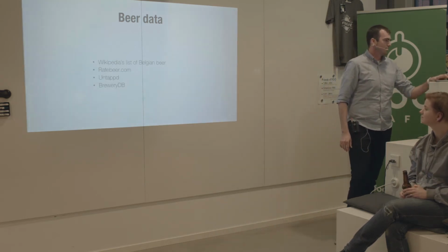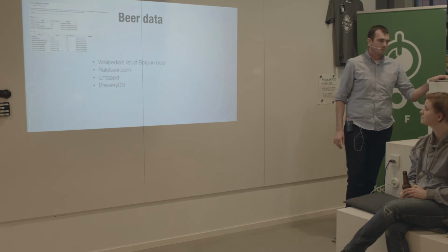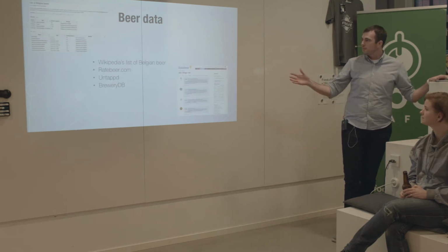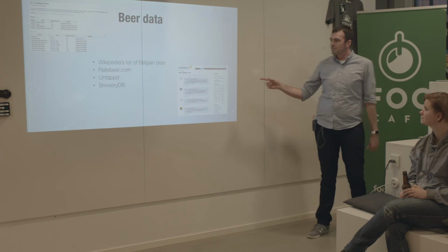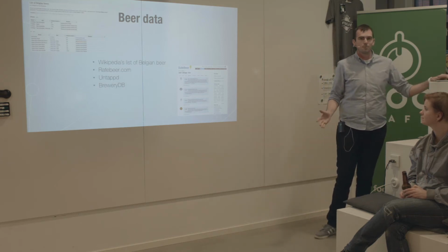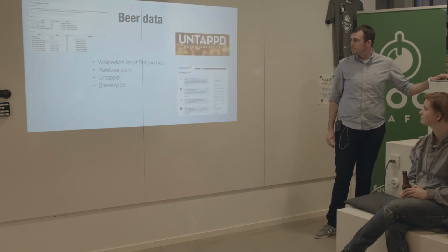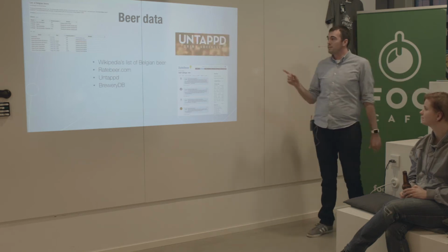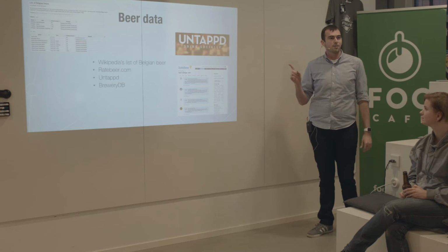So of course you don't want to use the Wikipedia one because it's small. RateBeer is a nice site, but they don't have an API anymore, so you can't really use it. Well, you can scrape it, but that's kind of illegal. Untappd is also pretty awesome, and you can get an API key.